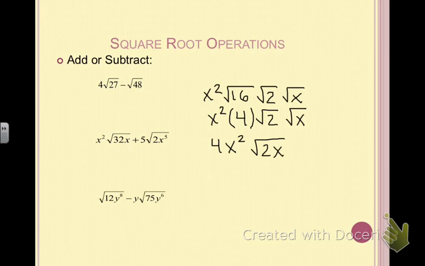Now, in the other term, 2 does not have a perfect square factor, but x has an odd exponent of 5 that needs to be broken down into the square root of x to the 4th and the square root of x. The square root of x to the 4th is x squared, and the other factors remain the same.